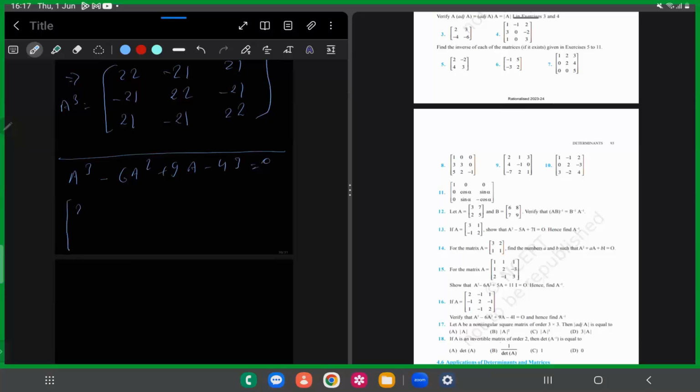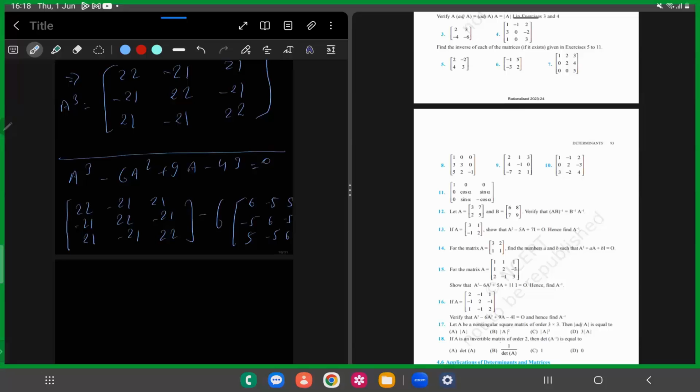So this would be the matrix with 22, minus 21, 21, minus 21, 22, minus 21, 21, minus 21, 22, and minus 6 times A square, which would be minus 6 times 6, minus 5, 5, minus 5, 6, minus 5, and 5, minus 5 and 6.